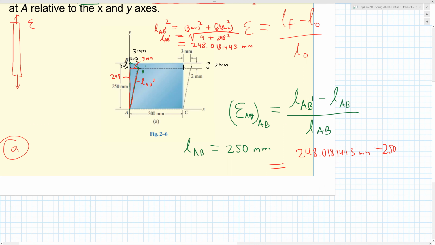And then what do you get here? What is the average normal strain, epsilon average AB? Keep it as accurate as you can.